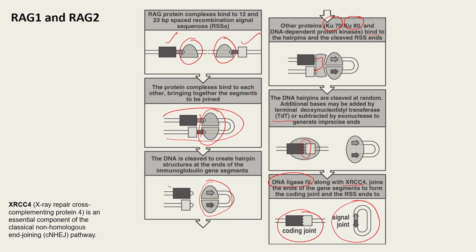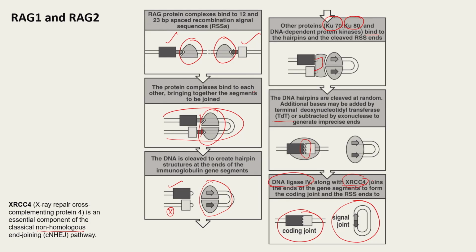Since the two ends are not homologous, because these sequences and those sequences are actually different in nature, we call it non-homologous end joining, because the ends of the genes are getting joined by the DNA ligase present here, and this protein does play a very important role here.